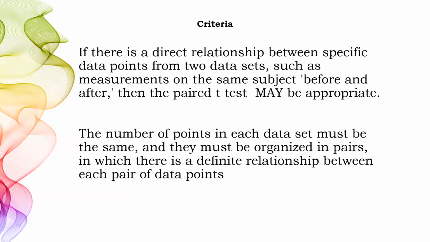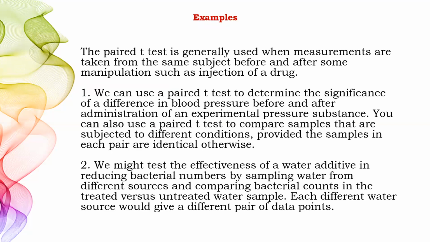The criteria for the t-test is: if there is a direct relationship between specific data points from two data sets, such as measurements on the same subject before and after, then the paired t-test may be appropriate. The number of points in each data set must be the same, and they must be organized in pairs in which there is a definite relationship between each pair of data points. These are a few points where the t-test is applicable.